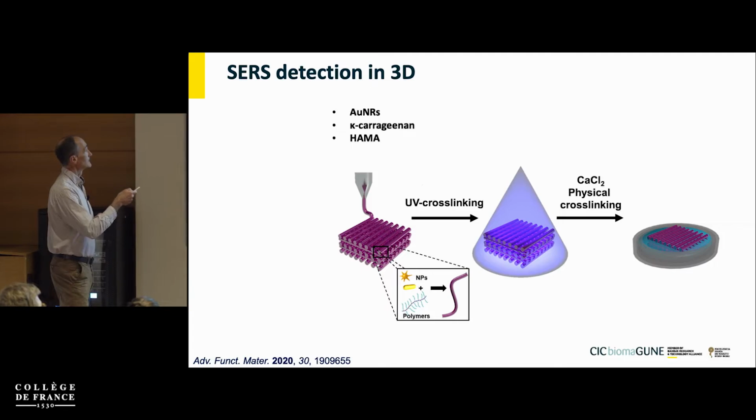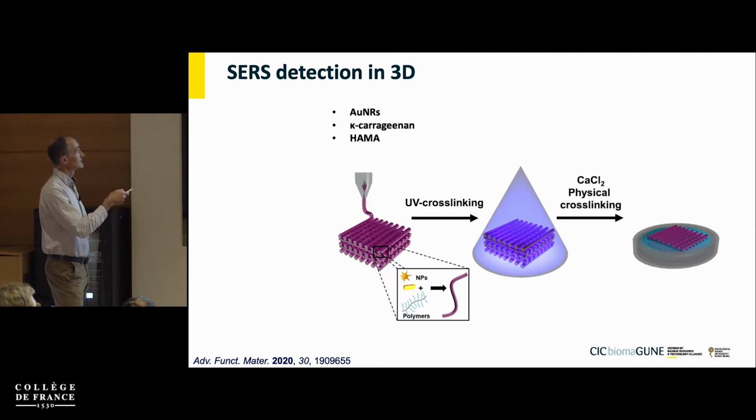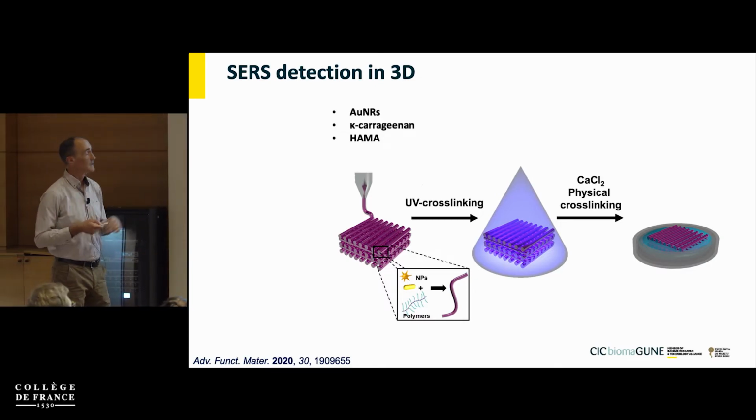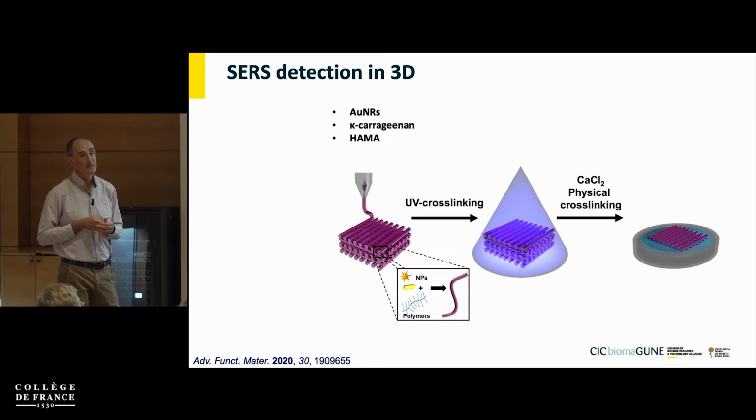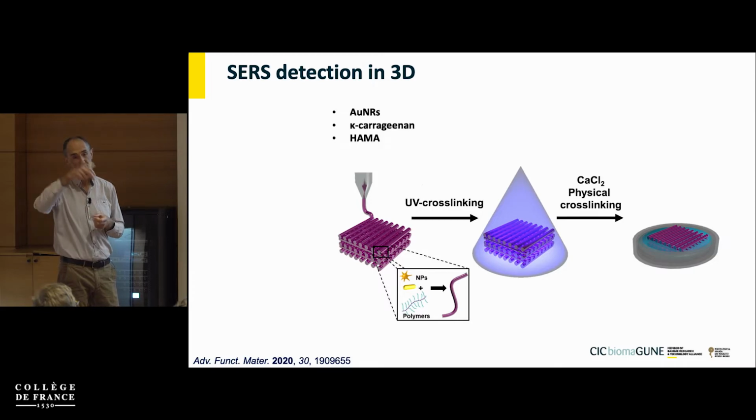And so this is one of the examples where we have this hyaluronic acid together with kappa-carrageenan, and then we include in the formulation gold nanorods. Before all of this works, you have to do all the rheology analysis so that you can understand the flow properties of the system, so that they will do the expected shear thinning, so that when you apply pressure, they will become more liquid, flow through the tip, and then upon coming out of the flow, they will rigidify again.